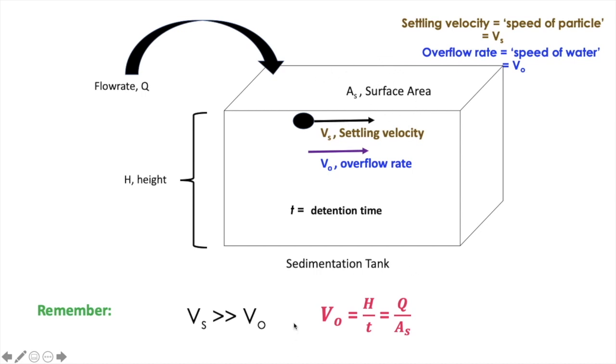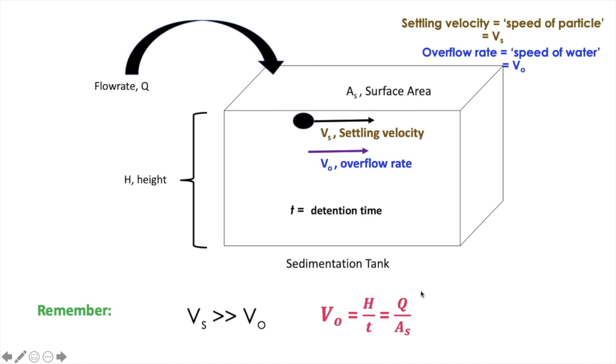This is the formula for the overflow rate, or the speed of the water itself. The formal name of V naught is overflow rate. Do not call it the speed of liquid or speed of water, but to make it easier for you to understand, I call it the speed of water, but the formal name is actually the overflow rate.